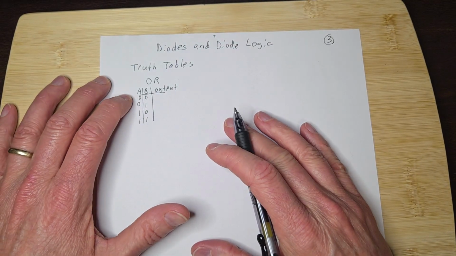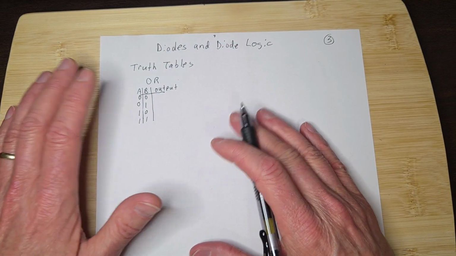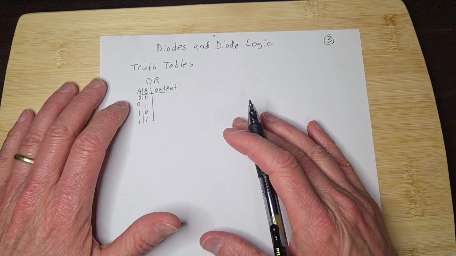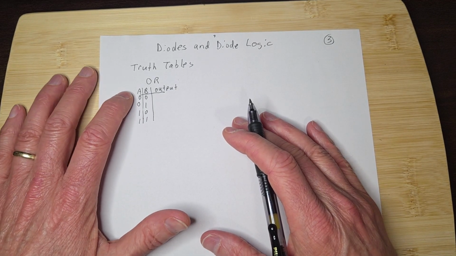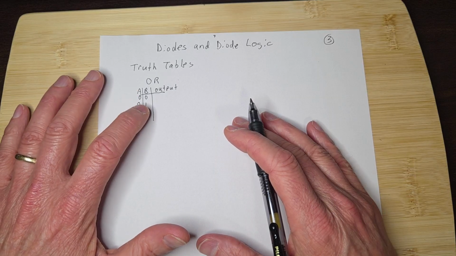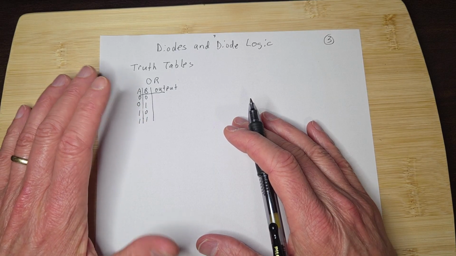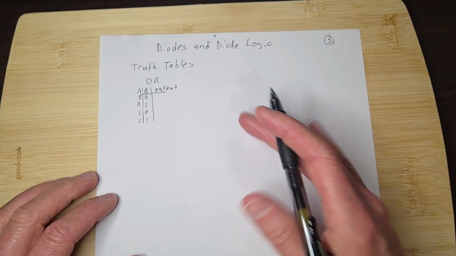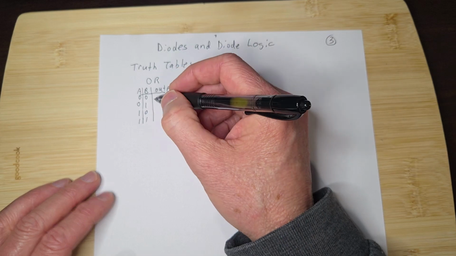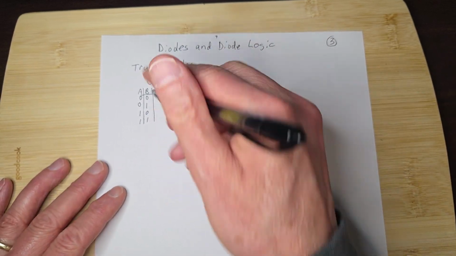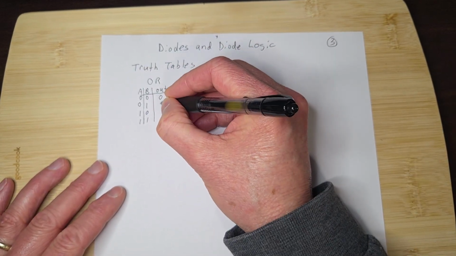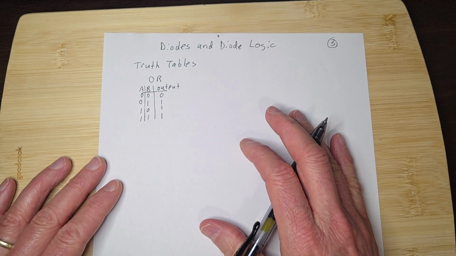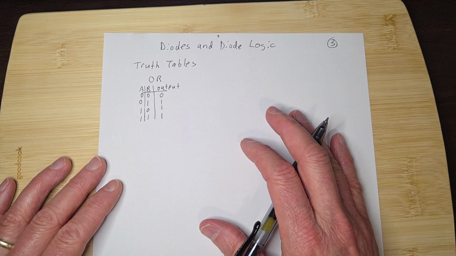Remember, 0 can be 0 volts, it could be ground, or even a lower voltage. 1 can be on, or 5 volts or 9 volts, whatever, or high. It represents a voltage, right? 0 represents a ground, really. So here you'd have 0, 1, 1, 1. Okay, so that's that truth table.